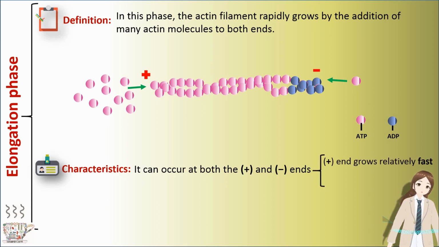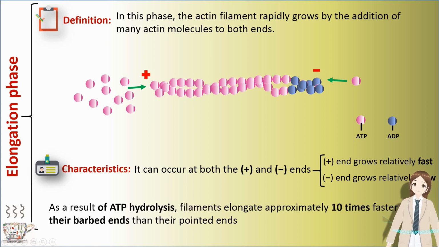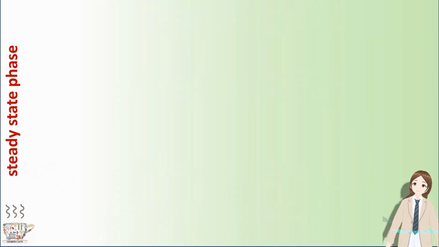Plus end grows relatively fast, but minus end grows relatively slow. As a result of ATP hydrolysis, filaments elongate approximately 10 times faster at their barbed ends than their pointed ends.